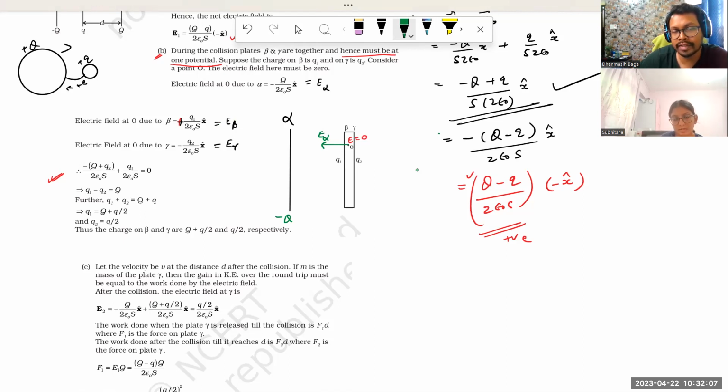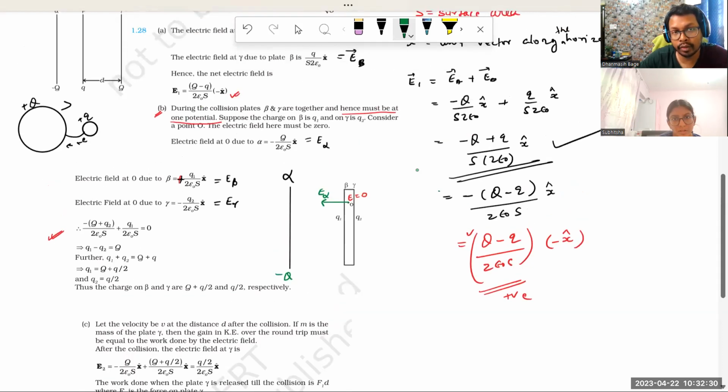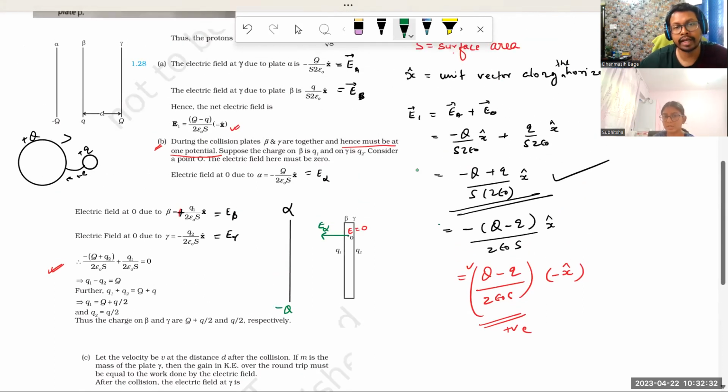So tell me now, what is E beta? E beta will be in which direction? Now Q1 is positive, Q2 is also positive. Towards the right, right?